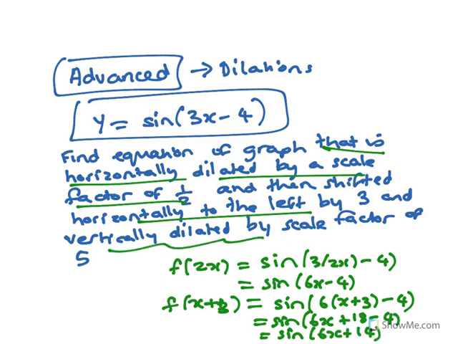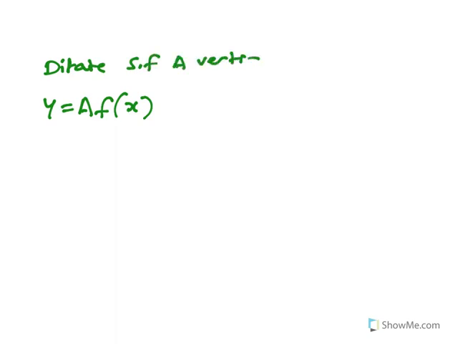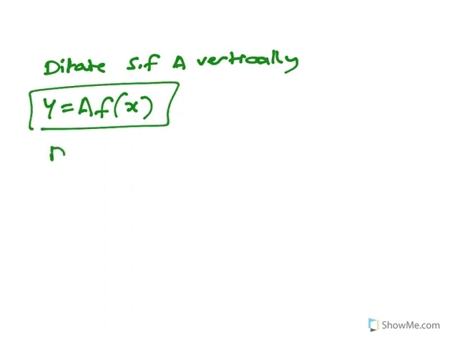And then vertically dilated by a scale factor of 5. So vertically would mean you just times the y value by 5. Okay, so for your other vertical dilations, if you're going to dilate by a scale factor of a vertically, that's going to be putting an a in front.